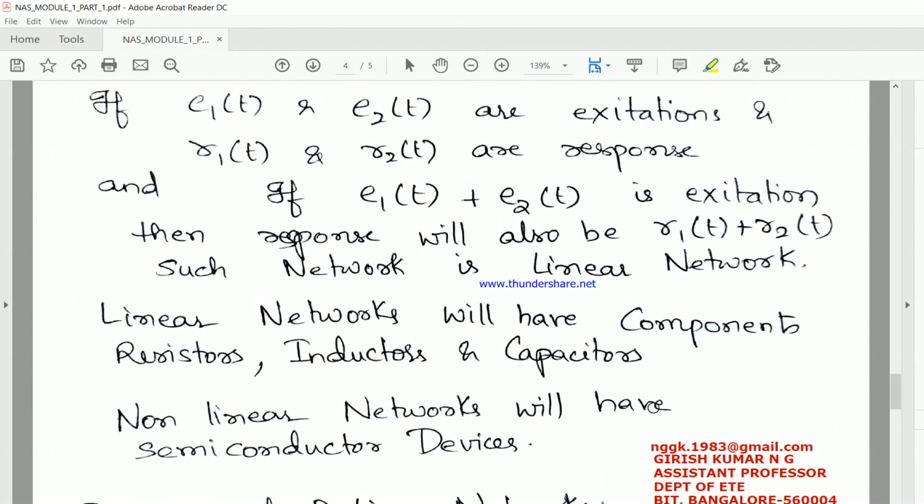Non-linear networks will have semiconductor devices, which give different responses not proportional to the excitation. You all know about semiconductor devices: transistors, diodes, PN junction devices and so on. Those things come under non-linear.